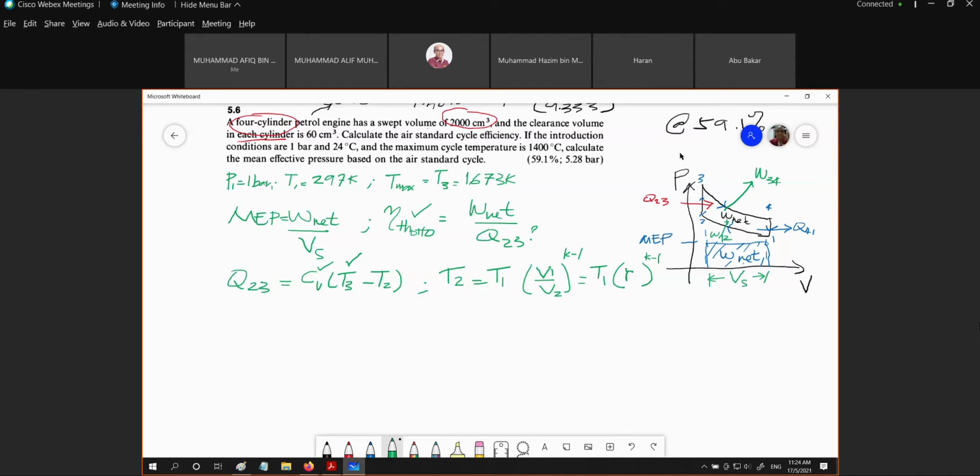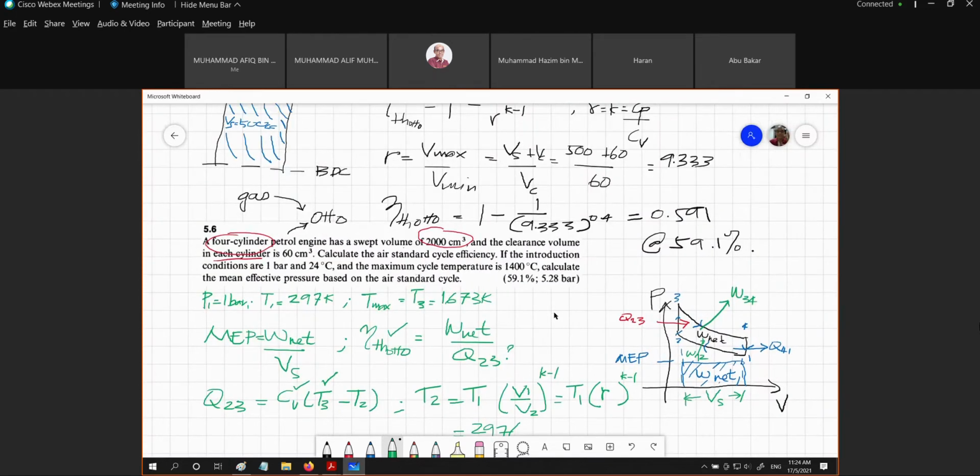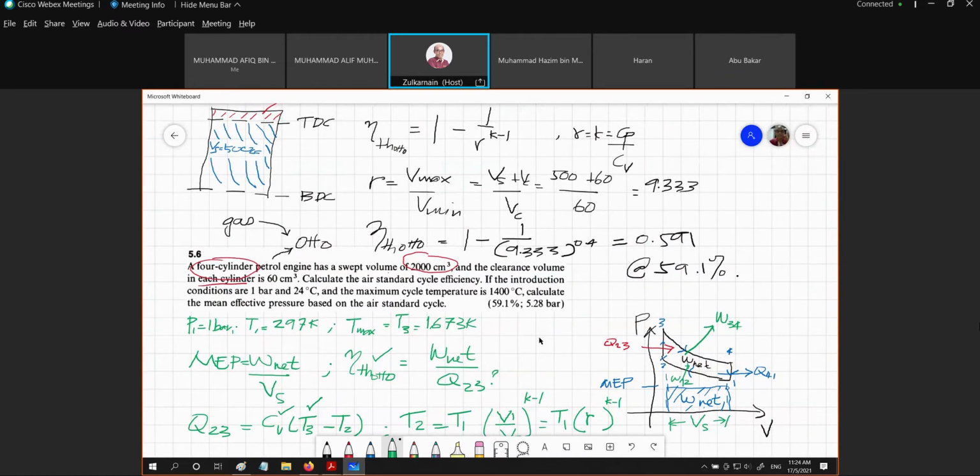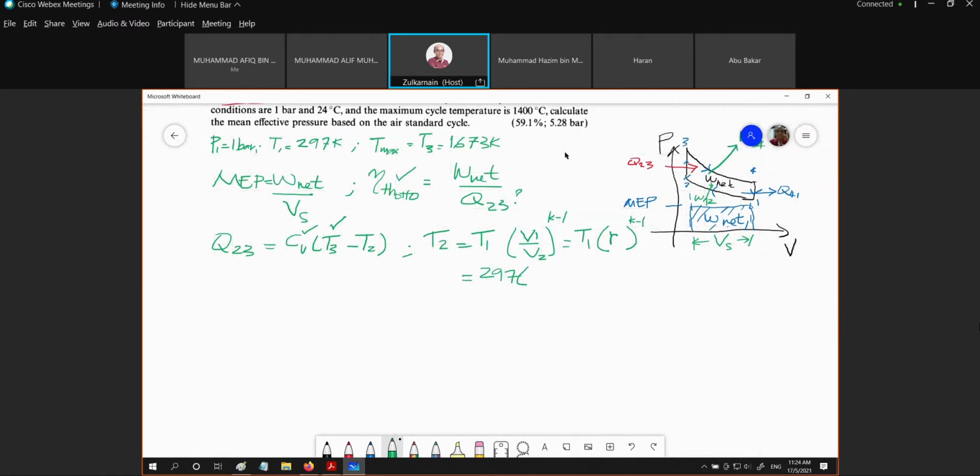Okay, so get what is your T2. T1 is 297. Your r value is 9.333, to the power 0.4. Is this one correct? K minus 1? Yes. Okay, so what is your T2?